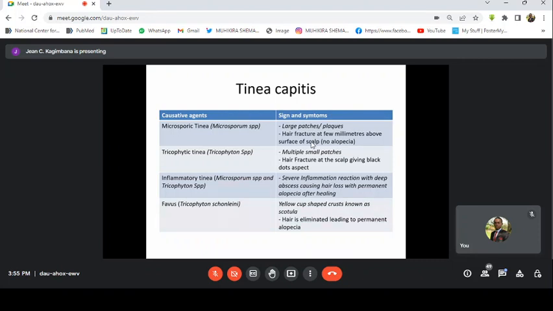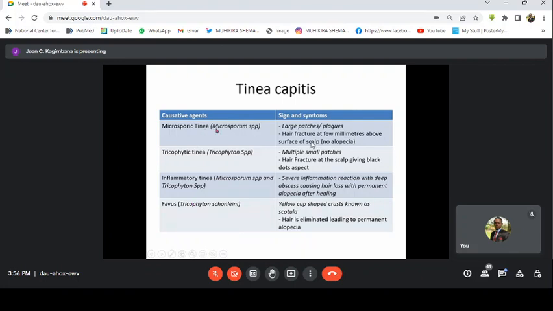Okay. Tinea capitis, the one that involves the head or scalp. We have 4 causative agents: microsporic tinea, trichophytic tinea, inflammatory tinea, and favus.